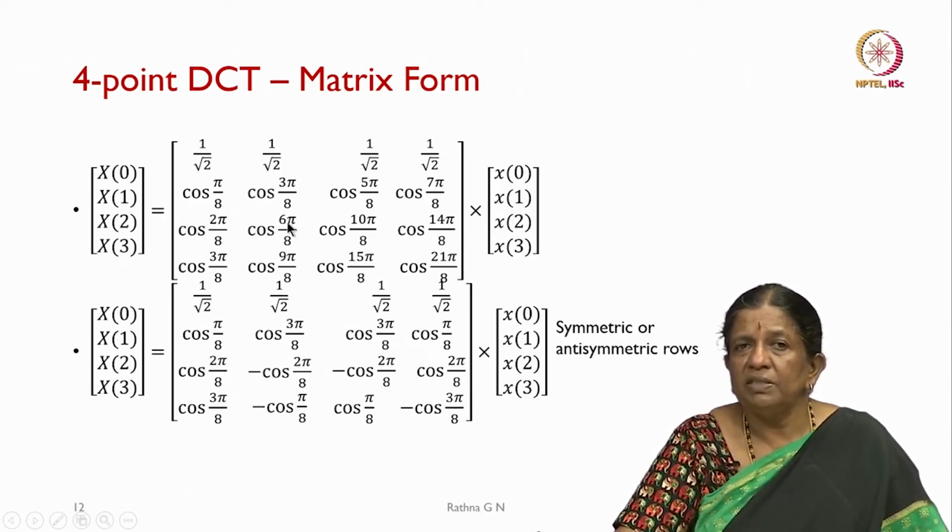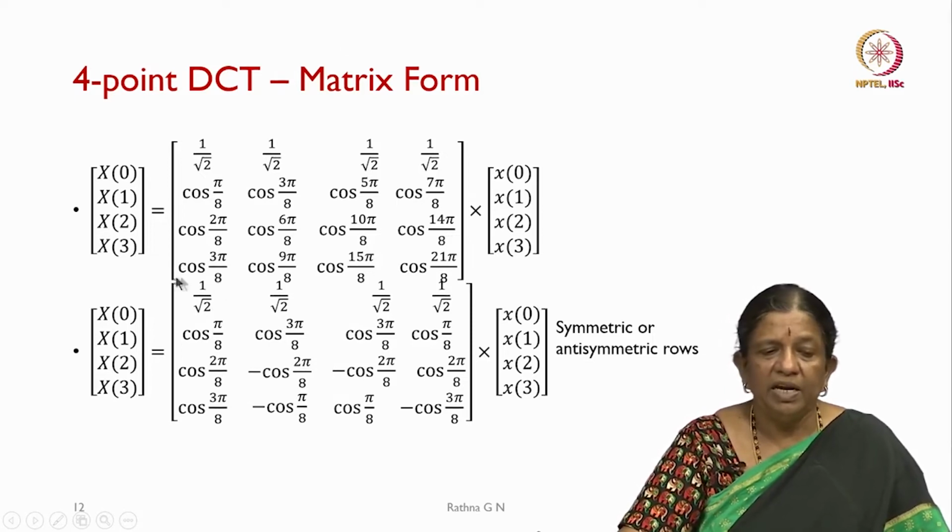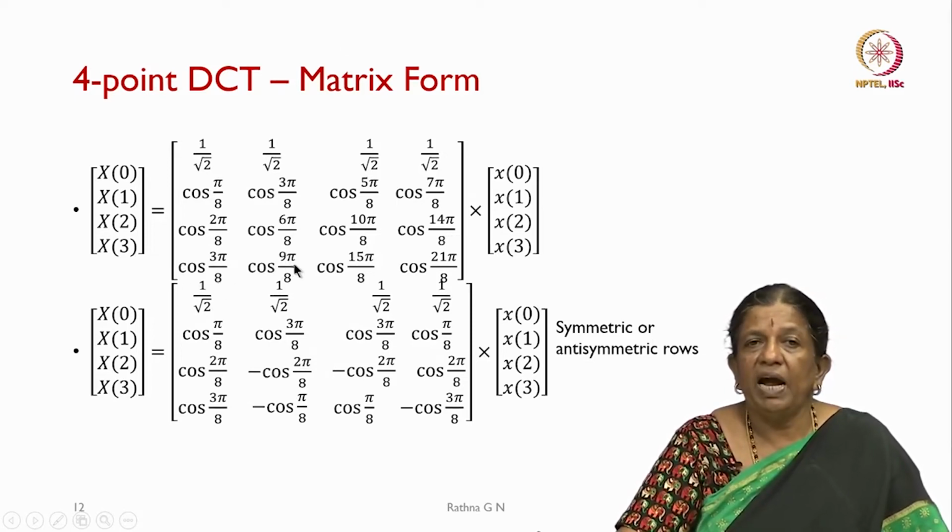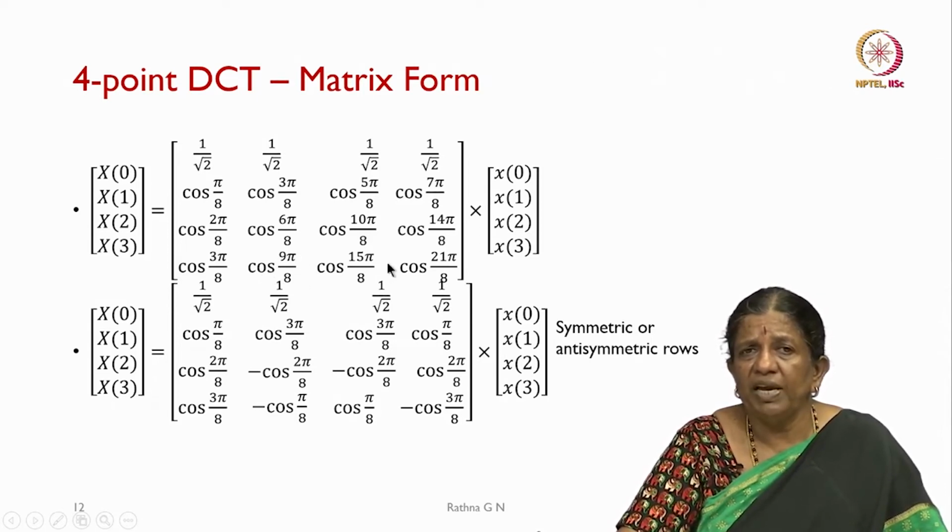So, it will be plus 4 pi. So, it is going to be 6 pi, same as that. Now, the next one is cos 3 pi by 8, and then you will be adding 6 pi to that, since 3 into 2 is 6. So, it will be 9 pi by 8 and so on.